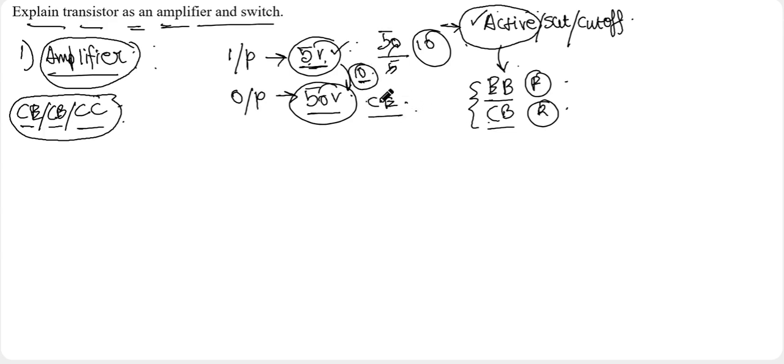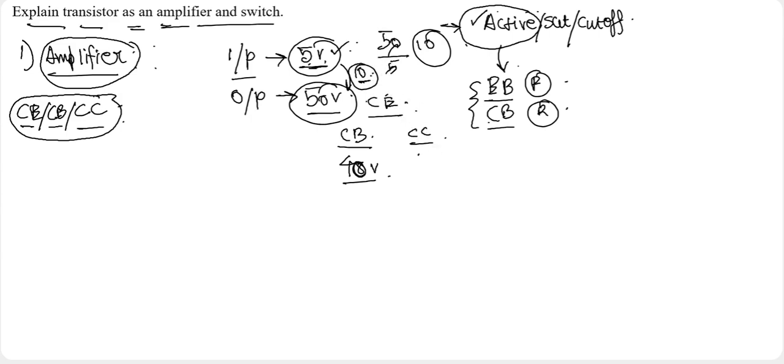But it may arise that in the CB mode, the amplification factor will reduce to, suppose, 8. So, then the input signal of 5 volt will amplify to, sorry, 40 volt. And suppose in the common collector configuration, the amplification factor is reduced from 10 to 9.